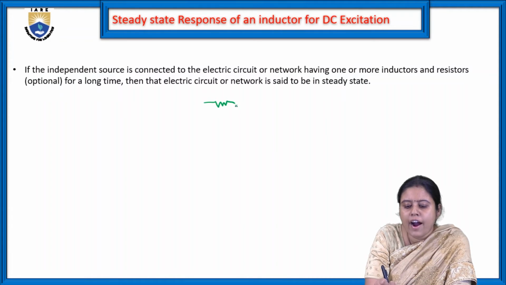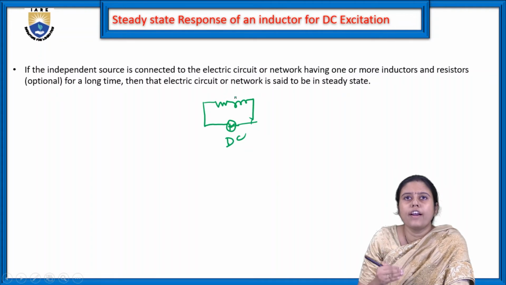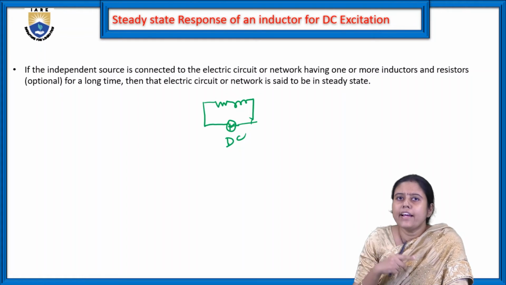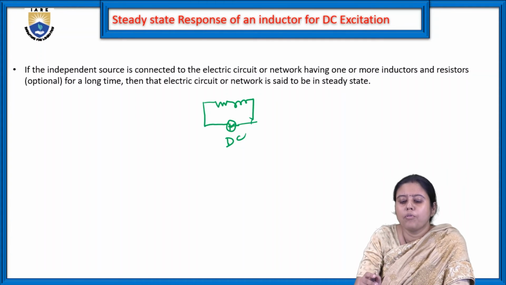Say we have an R, we have an L, and we have connected a DC voltage source, and the switch is closed for a long time. At the time of switching, there must be a transient due to the change. But now the circuit is settled. What will happen?